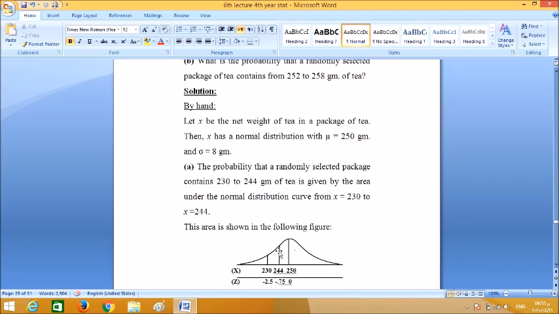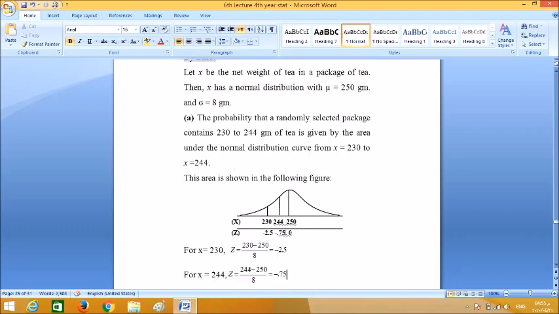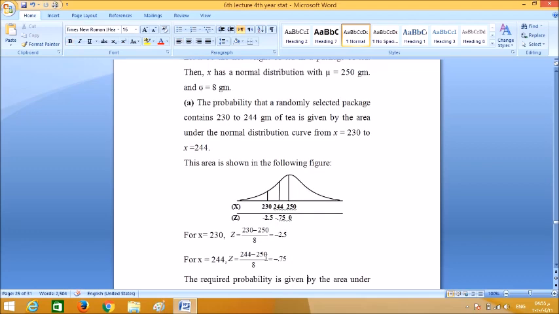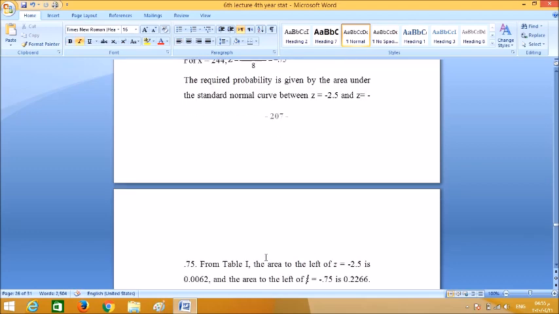Here the mean is 250, and we want to compute the area under the curve between 230 and 244. This probability, after transferring, we get the probability the same way.